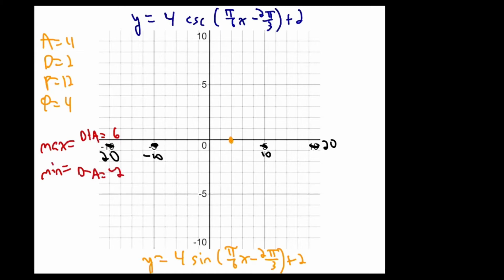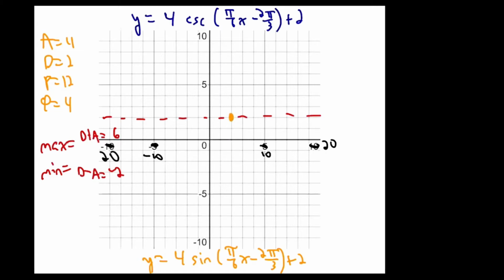All right, so we need it to be 4 between the midline and whatever. So our midline is going to be here. So my 0 is actually not a 0, but the value of 2.